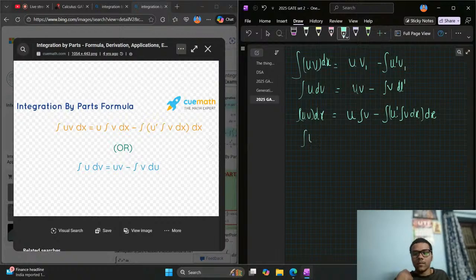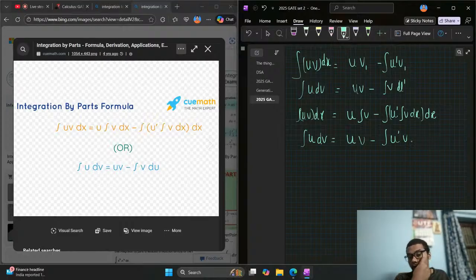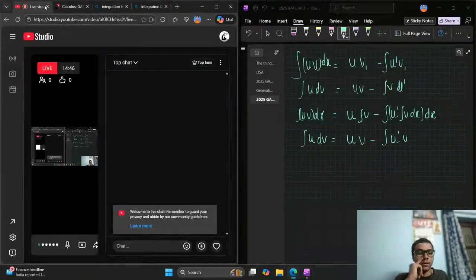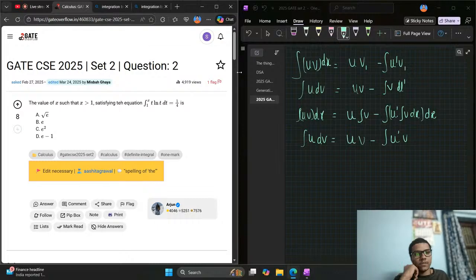So if you do something like U dV, UV minus integral of U dash V. Got it. It is nothing but bypart substitution.